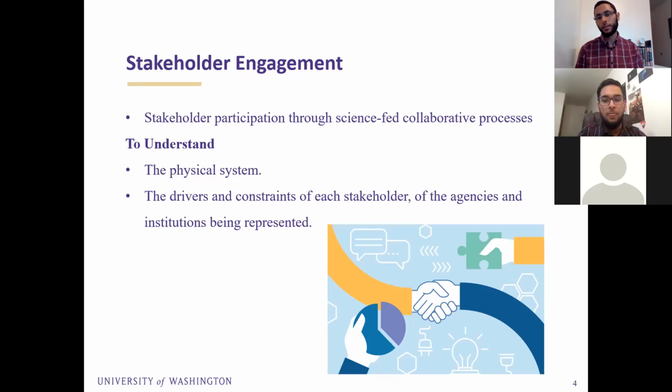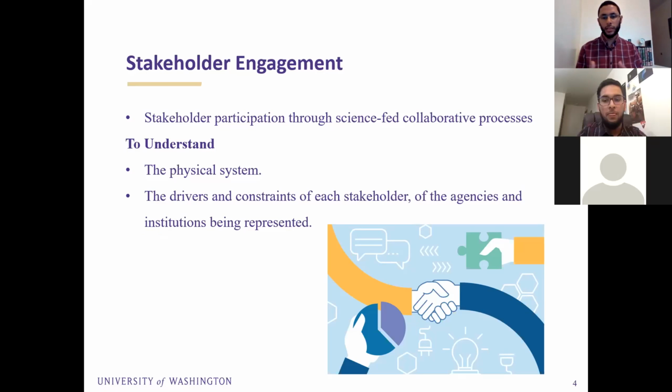Stakeholder participation is very important, and it's an iterative process. We have to keep talking to the stakeholders and see what their needs are. Two things we produce from talking to the stakeholders. One is to understand the physical system. This is important because we build the models and maybe we understand the system, like the watershed, the Nile Basin.